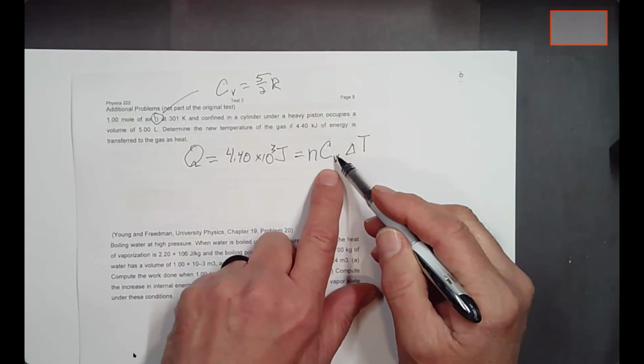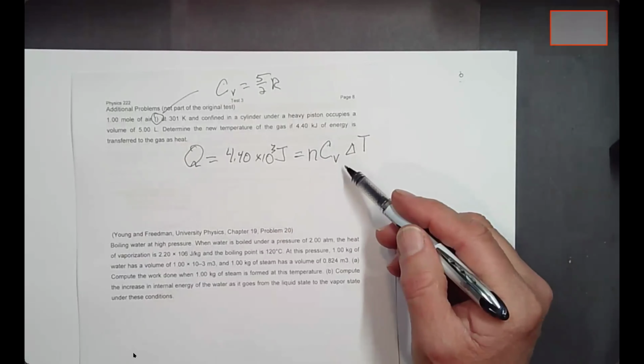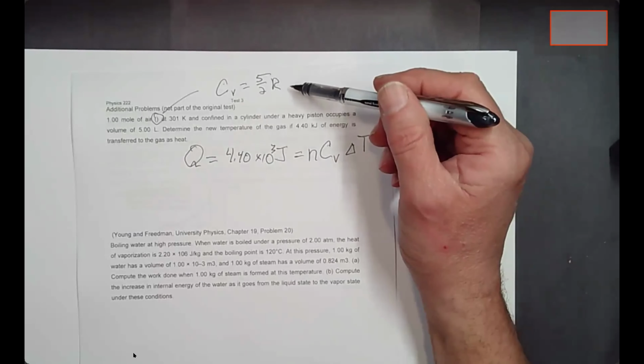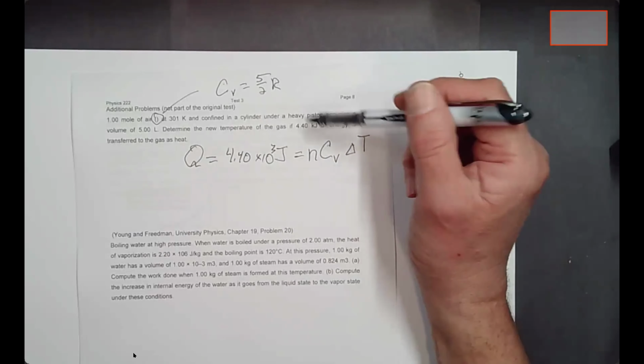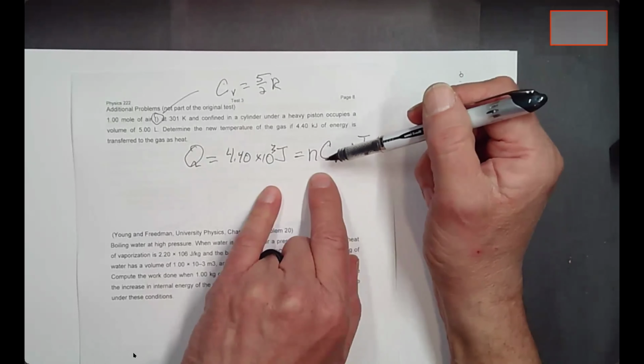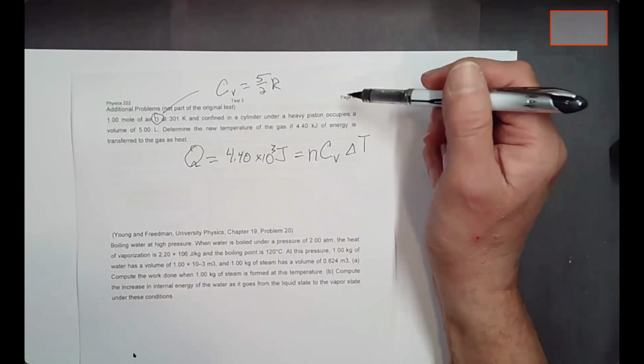It's the number of joules per mole Kelvin. It's equal to 5/2 R, and R has units of joules per mole Kelvin. N is the number of moles. These are possibly new units for some of you.